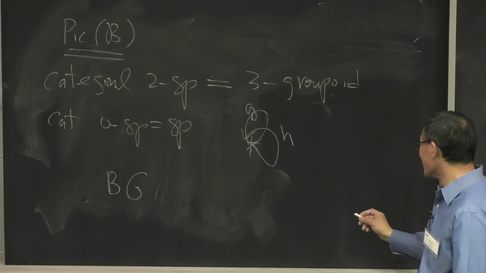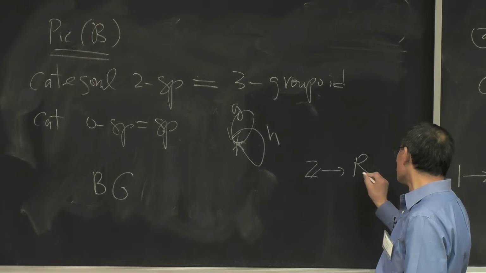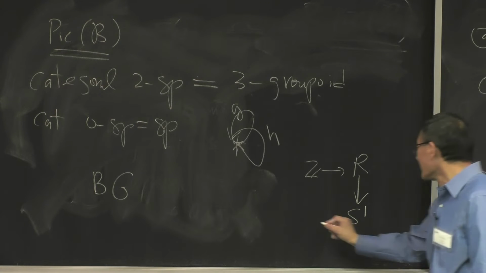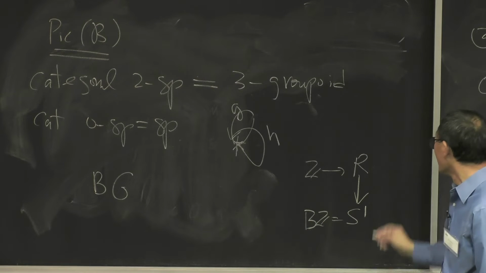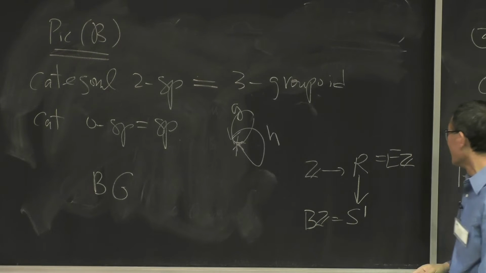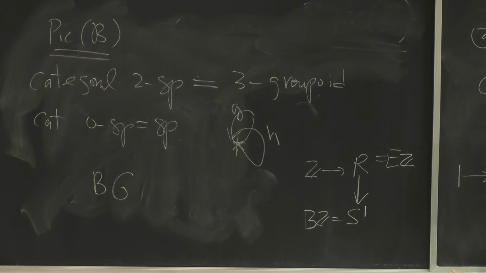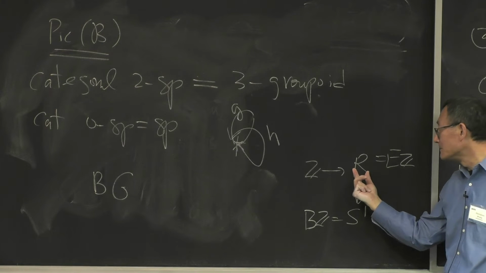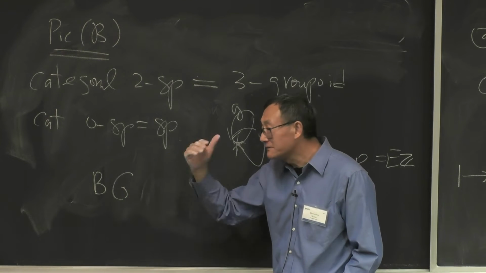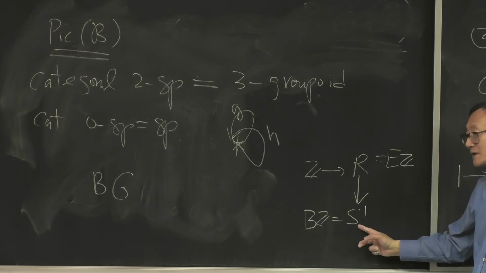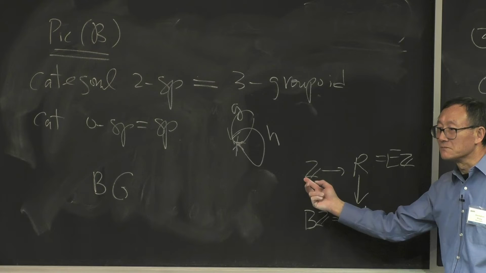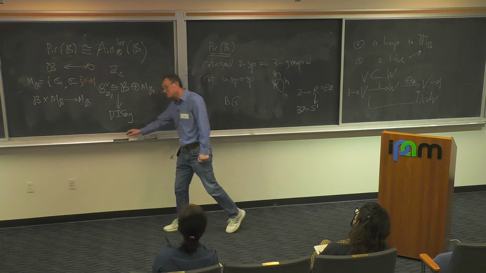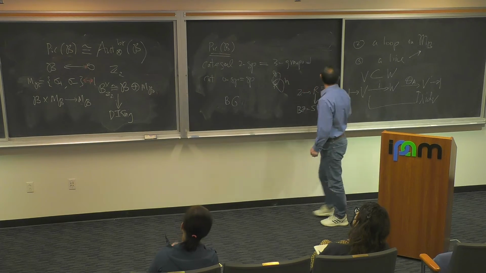The easiest one to think about, of course, is Z goes to R goes to S1. This is BZ, and this is E. This is only defined up to homotopy. The homotopy definition is you need to find a contractible space on which the group G acts freely, then you take a quotient, that's your BG, and the fiber would be the group. Now I just want to mimic this construction, and the way to do it is using a very fancy construction called the nerve.